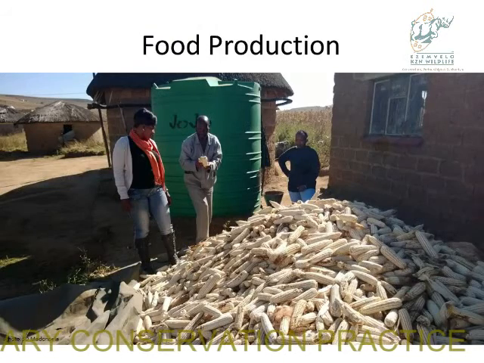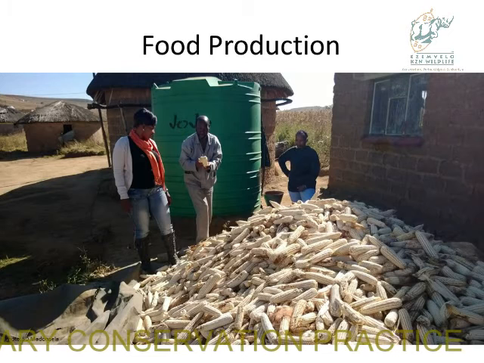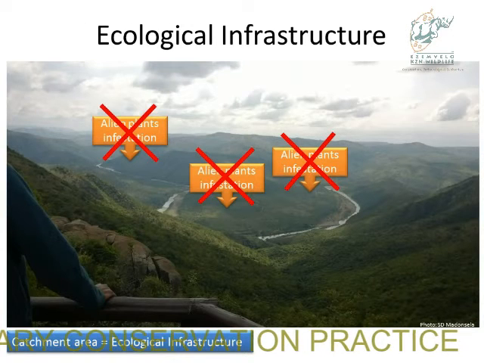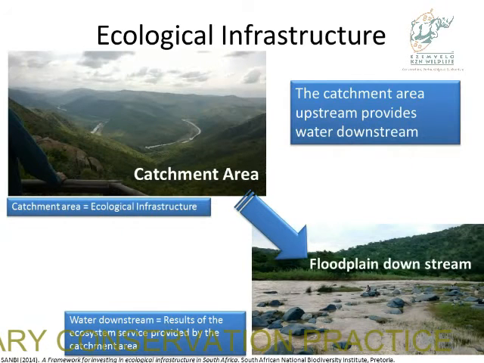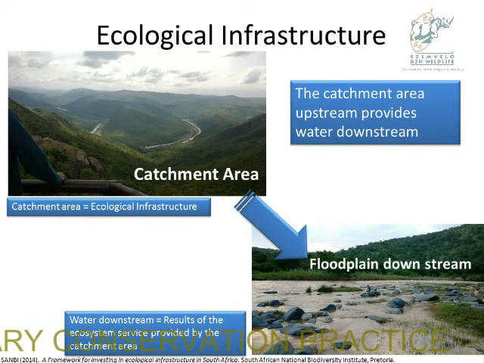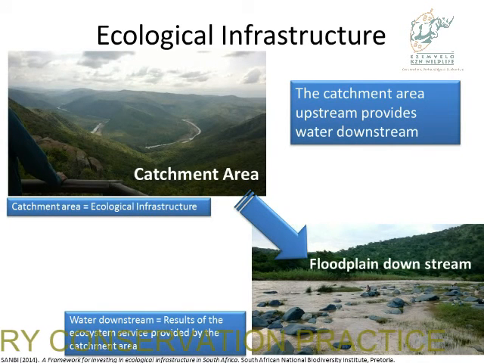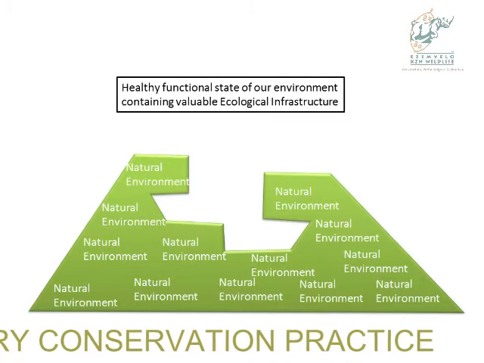And if that can be achieved and they can produce their own food, then we can go back to states where the ecosystem services, in this case water provision, can be retained.